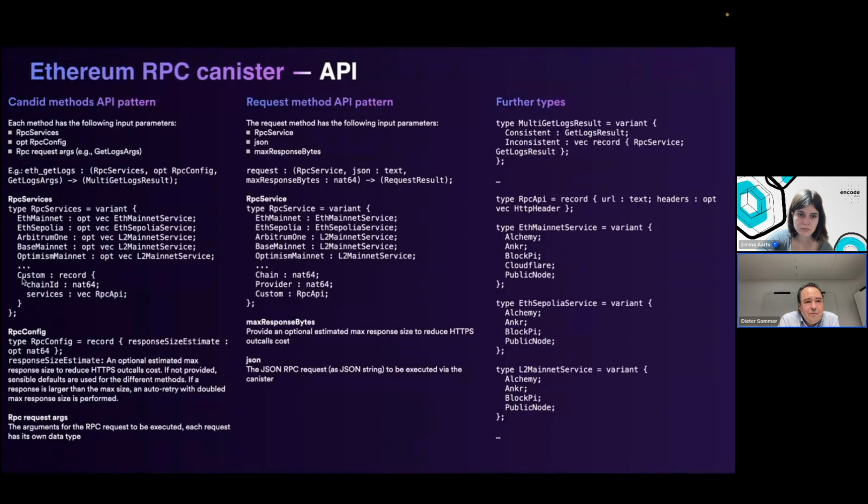Or custom, where you can just specify your own chain ID and the services to call as a vector of RPC API, which is specified on the right side. This RPC API is just the URL of the RPC provider to call, plus optionally the headers, if the API key needs to be specified as a header. If it can be specified in the URL, it's just part of the URL with which you call the RPC provider.